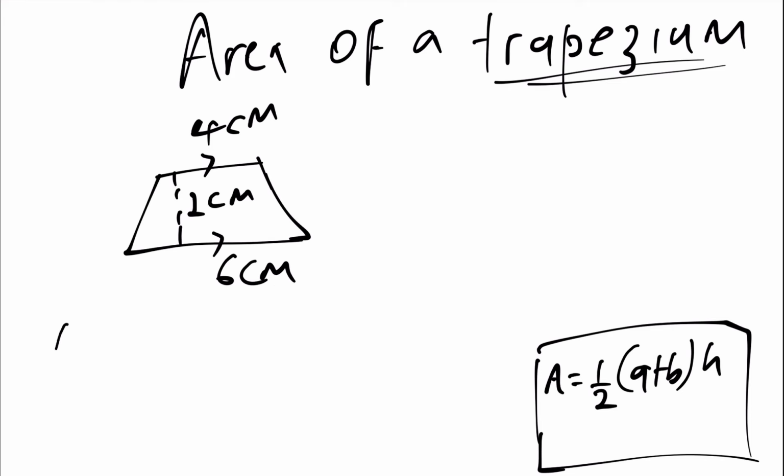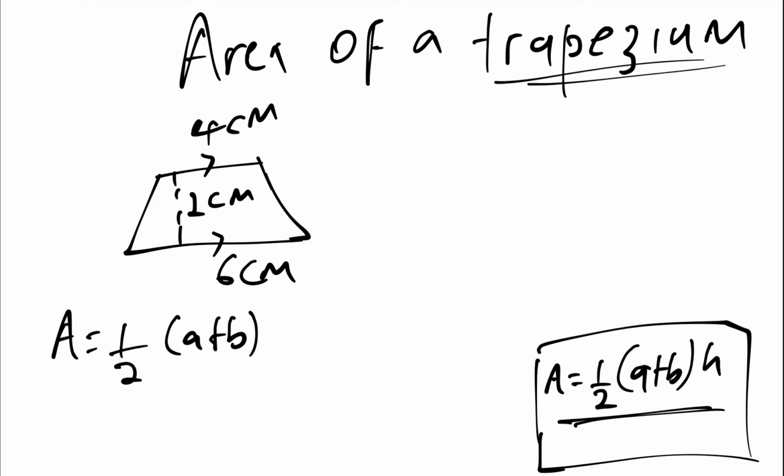If we have to find the area, we're using this formula: half, then a plus b, times h. You can choose your a to be the 4 or the 6. If a is 4, then b is 6. If a is 6, then b is 4.